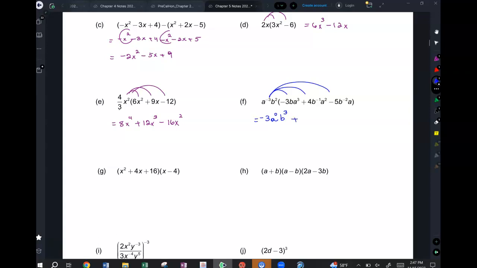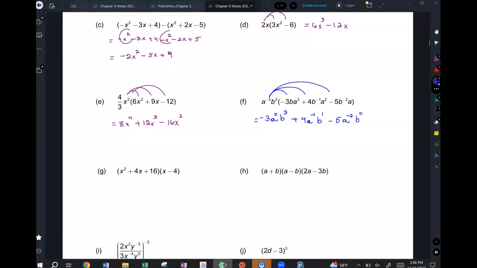Plus 4. A to the negative 3 and then a squared. I add them, so it'll be a to the negative 1. B, 2 and negative 1 gives you 1. Right, minus 5. Okay, a negative 3 and then positive 1 is a to the negative 2.